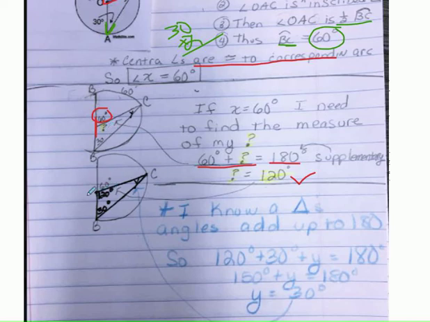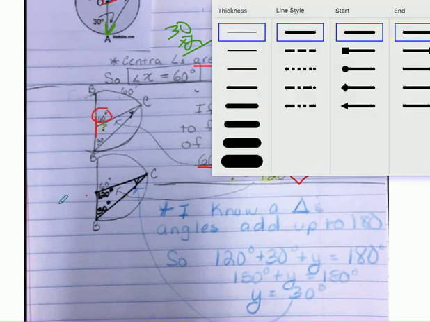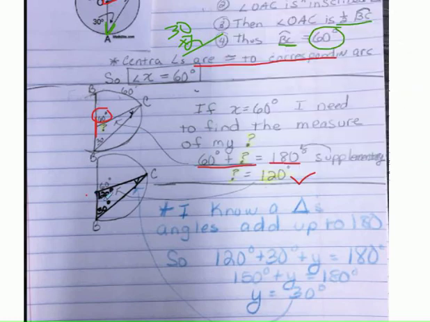So I plugged in my 120 degrees, as you can see, right here. That's my question mark. So now I know that triangle angles add up to 180 degrees.